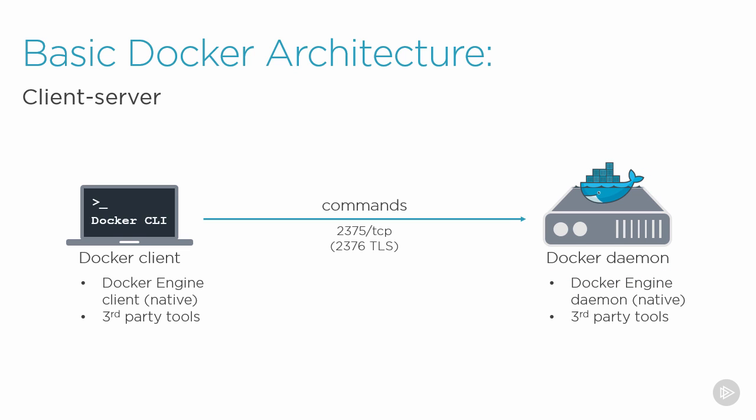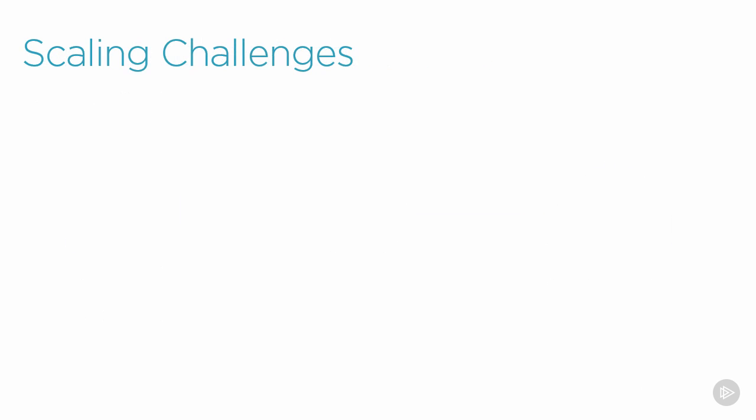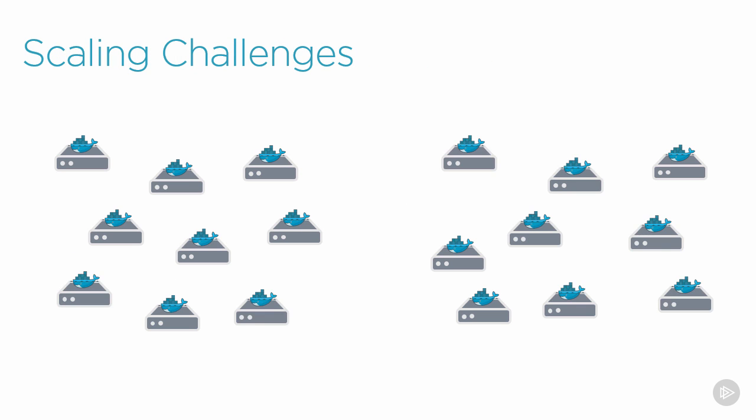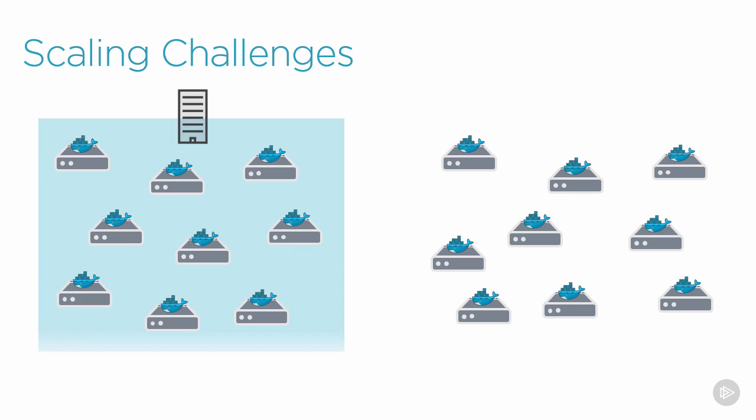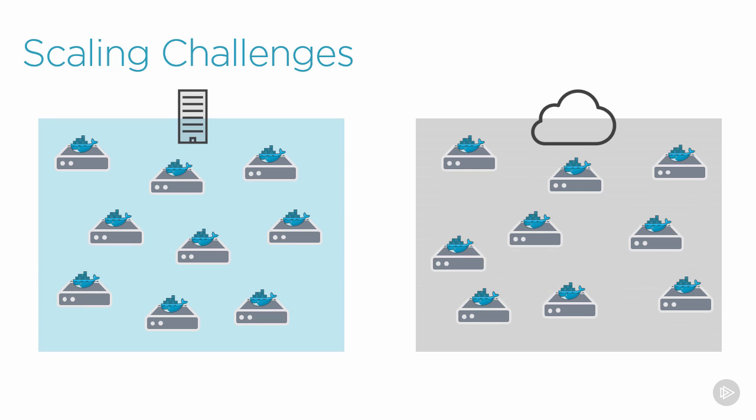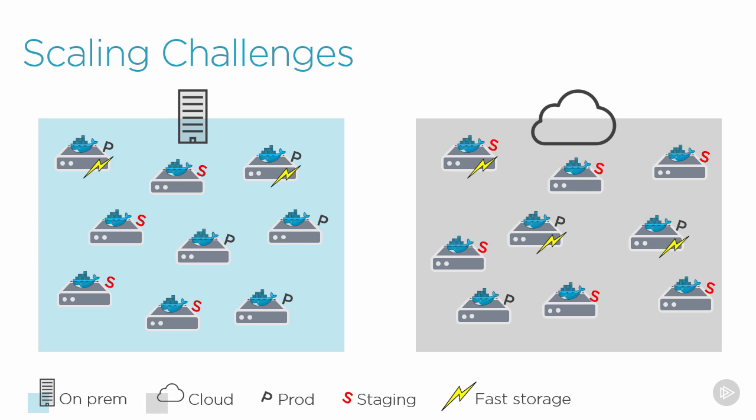The point being, we've got a client component and we've got a server component, and that's great and all. But to be honest, it pretty much falls apart at scale. So, here we've got, I don't know, a few Docker hosts, enough to resemble a small amount of scale. And let's say these are on-premises, these are in the cloud, these are production, these are staging, and these ones have got super fast storage with go faster stripes on the side.